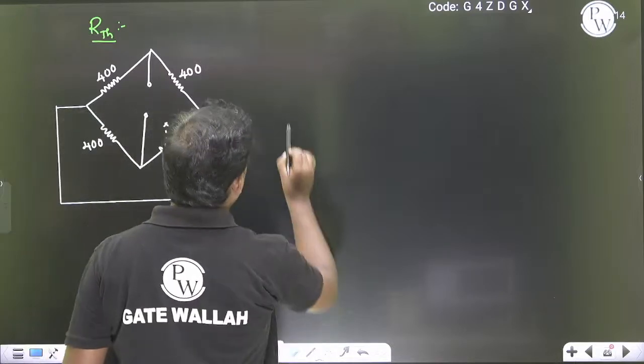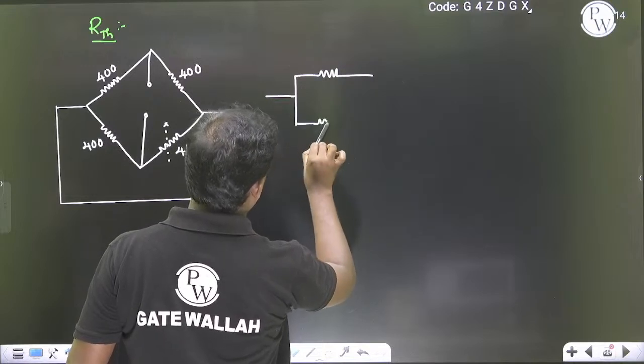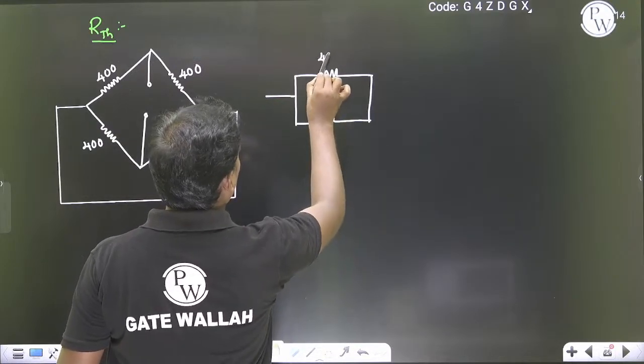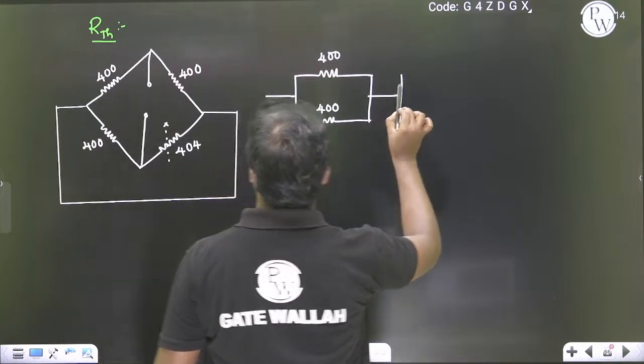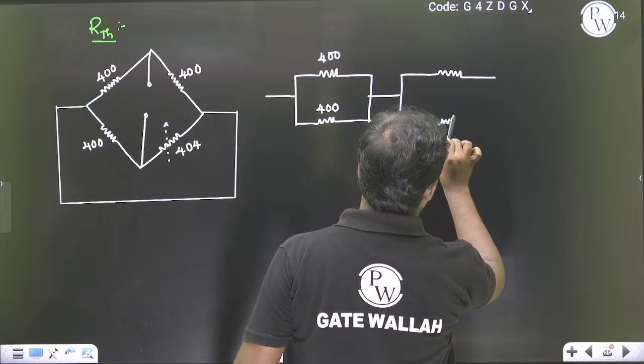So now this particular 400 is parallel, this 400 is parallel, this 400 and 404 are also parallel.